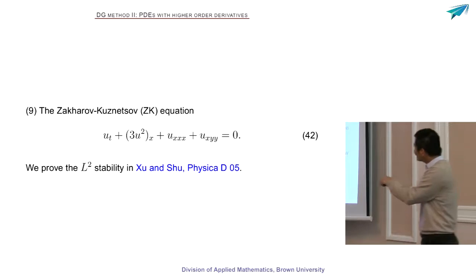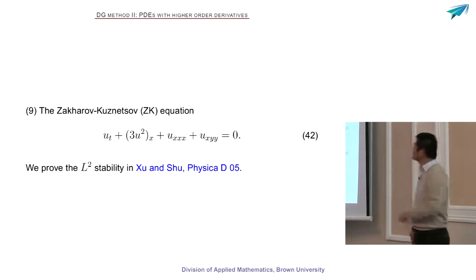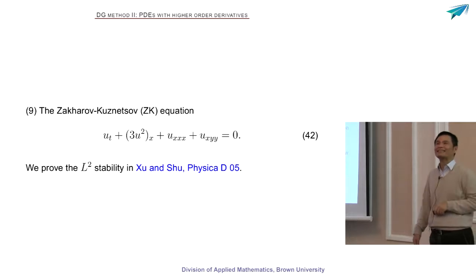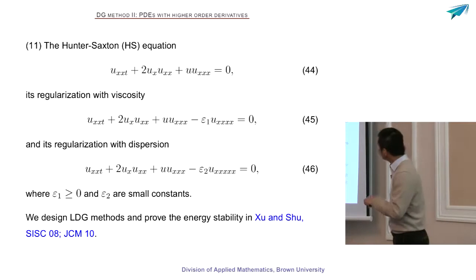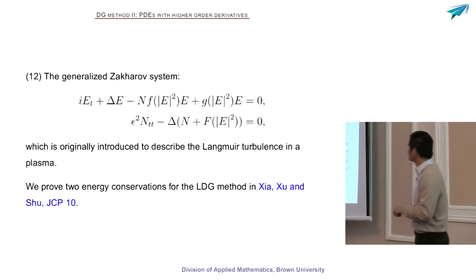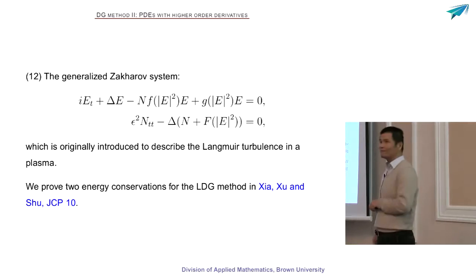Okay, so ZK equations, we just use the first letter. Again, Russian, right? Yeah. So ZK equations, there's L2 stability. Hunter-Saxton equations, this is a fifth order derivative, and the generalized Zakharov system.